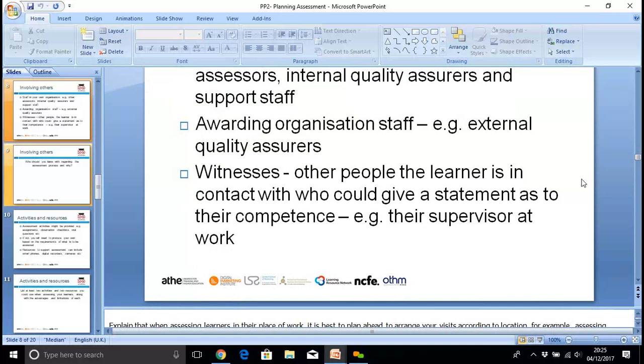Awarding organisation staff, external quality assurers. Most of the time they will come in from time to time to look at work that has been assessed by our college, for instance.